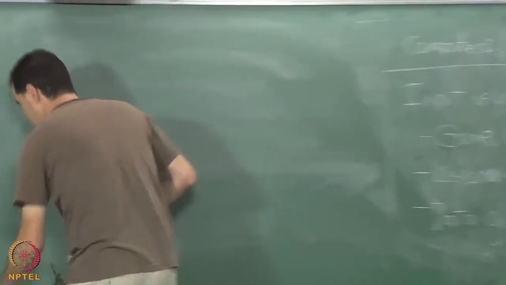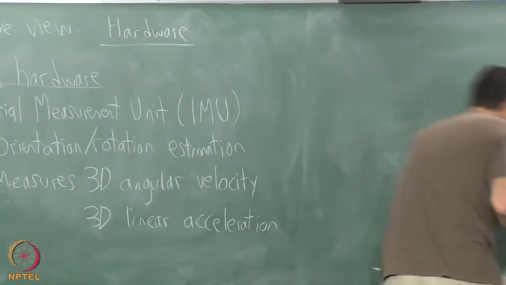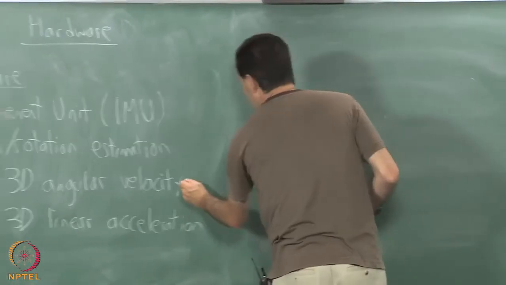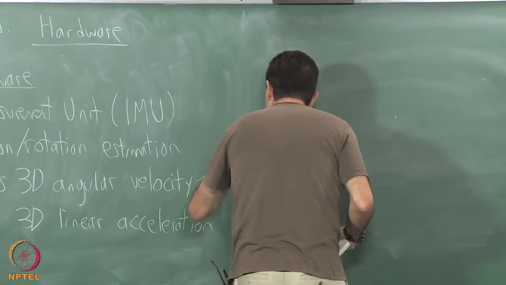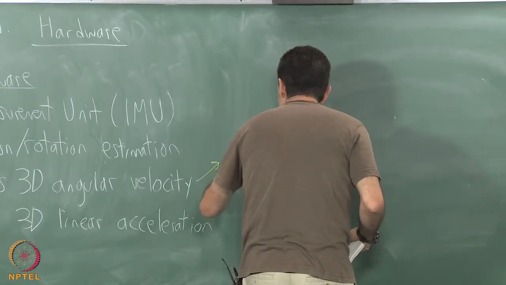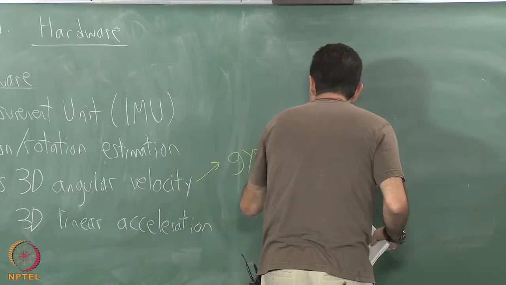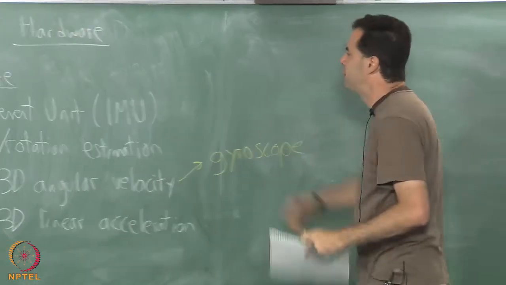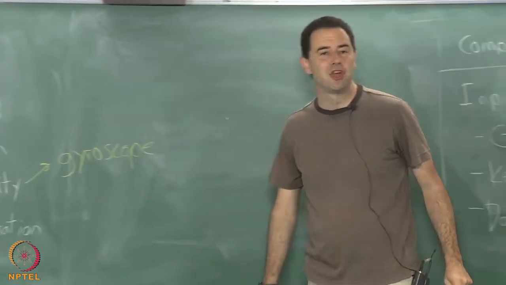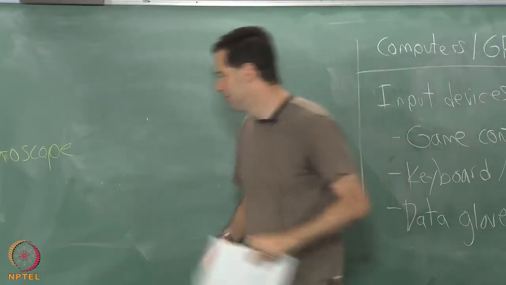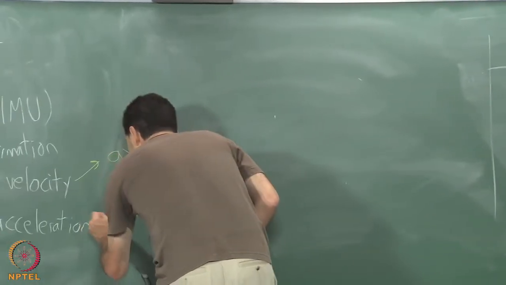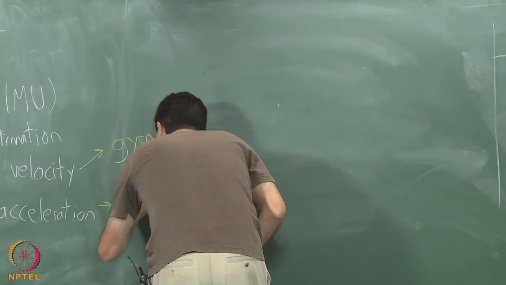The angular velocity measuring part is usually called a gyroscope. Sometimes people refer to the entire inertial measurement unit as a gyroscope. I think that's not quite right. And this part is called, appropriately, an accelerometer.